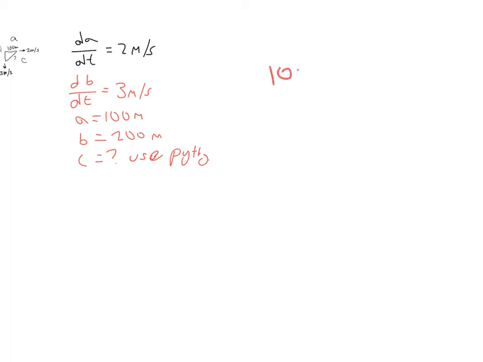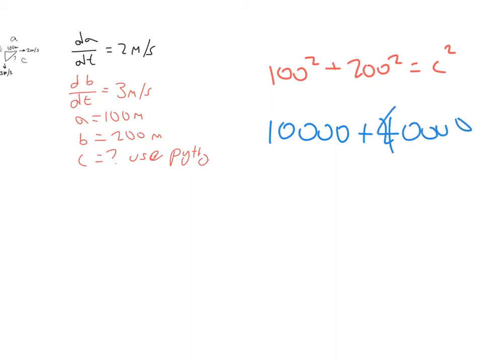What we'll do next is find what C is. So it will be 100 squared plus 200 squared equals C squared. So you'll simply do 10,000 plus 40,000 equals C squared.